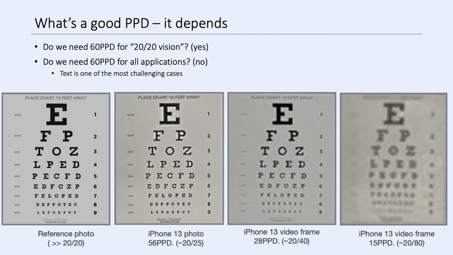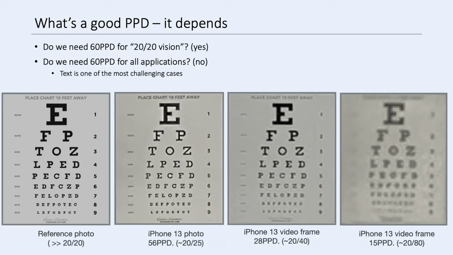Unfortunately, I think text is very challenging. It's one of the most challenging content we have. And it's not only about text legibility, but also how good the text is looking, how it is appearing, right? So on the bottom, this is taken from the iPhone, and the photo has 56 ppd. That's a second image, about 20/25 human vision.